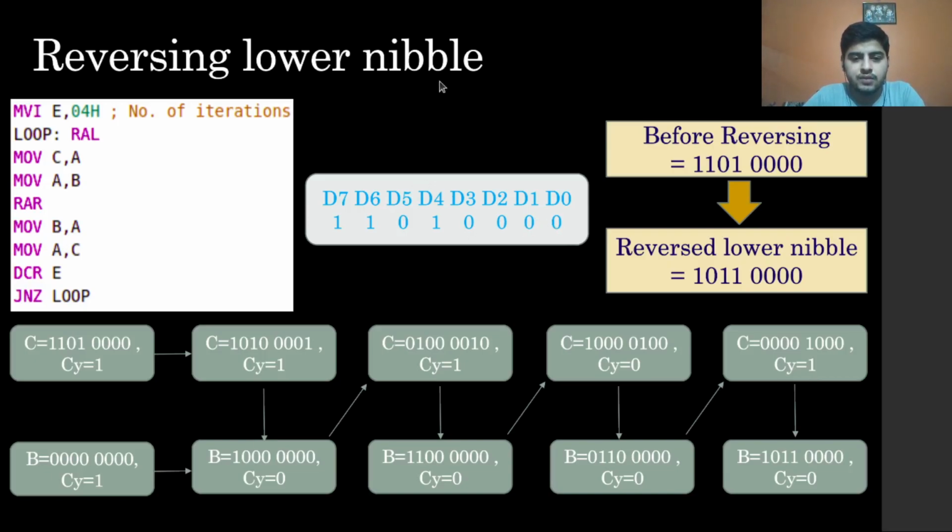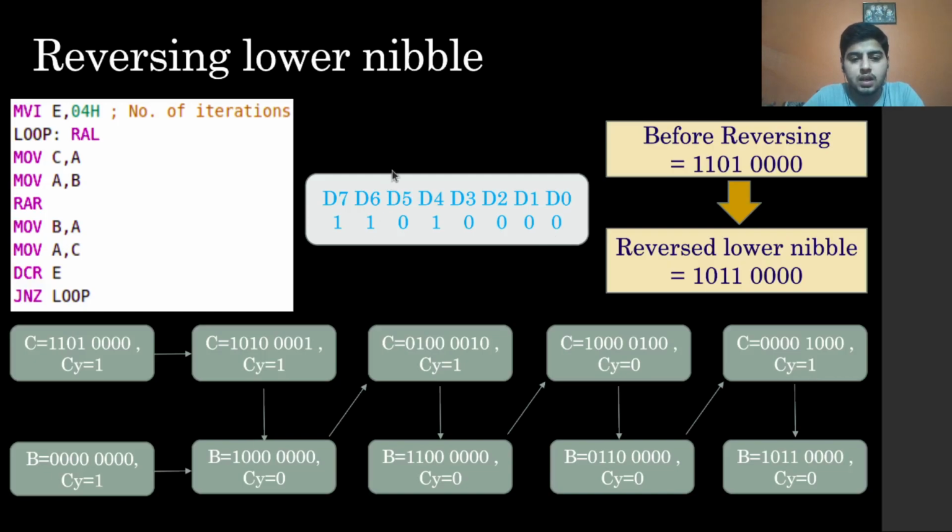So the value of carry will get transferred to D0, and the D7 value will get stored into the carry flag. This is how the RAL operation works, and RAR works in the opposite direction but in the same way.